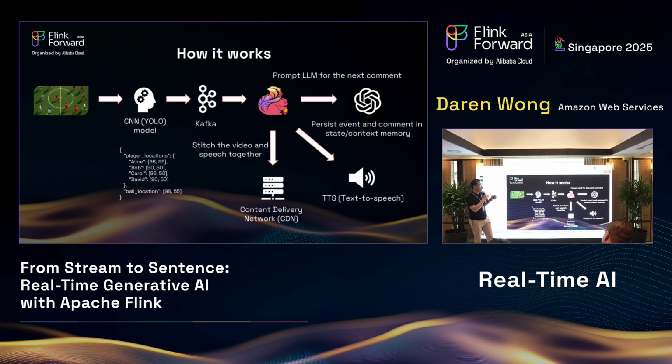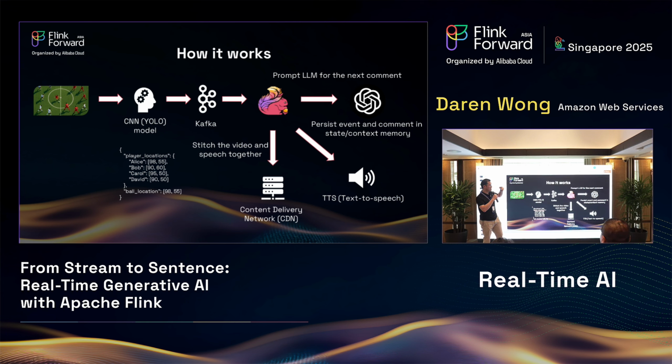When the game begins, the live stream of images is going to come in through the input, and we would first want to convert this input into a structured format, into the JSON format that we want to prompt the LLM with. In order to do this conversion, we could use a computer vision algorithm called You Only Look Once, or YOLO in short.